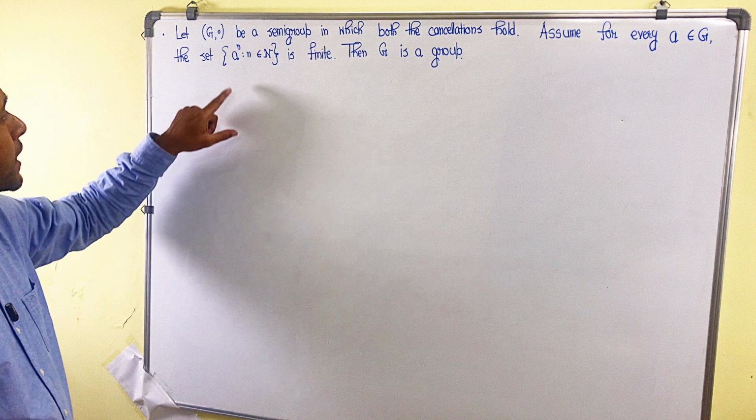It is given as a semigroup, so basically we need to prove that it has an identity element and every element is invertible. So let's try to guess the identity element.